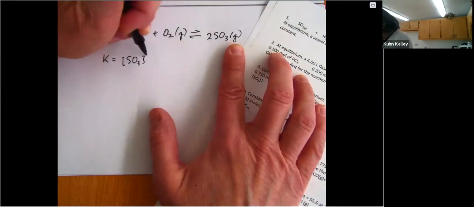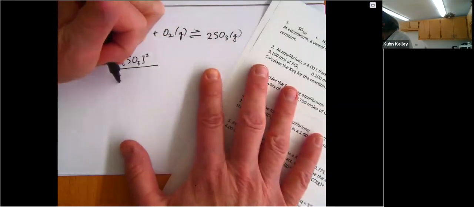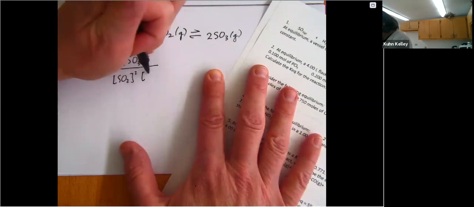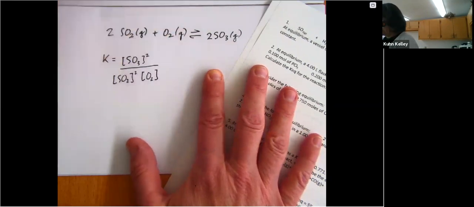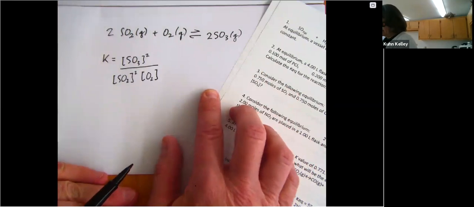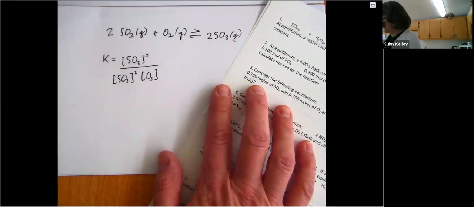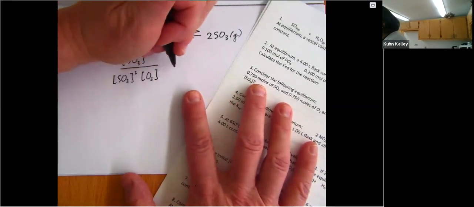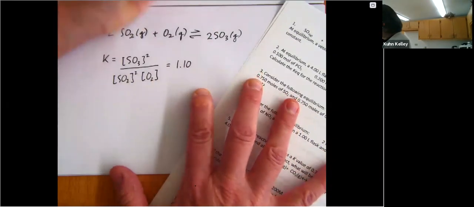And we're going to raise those to the power of their coefficient. My reactants are on bottom, raised to the power of their coefficient. Next, we are going to figure out what our molarity is of the ones we have, so that we can solve for the ones we don't have. Just as a reminder, they've told us that this is equal to 1.10.